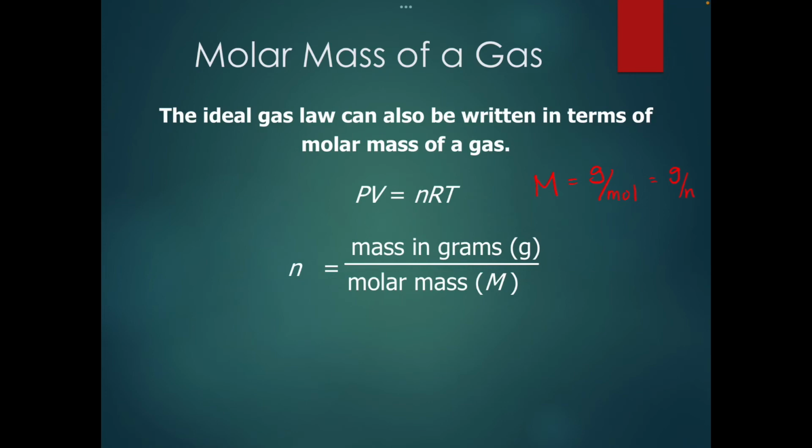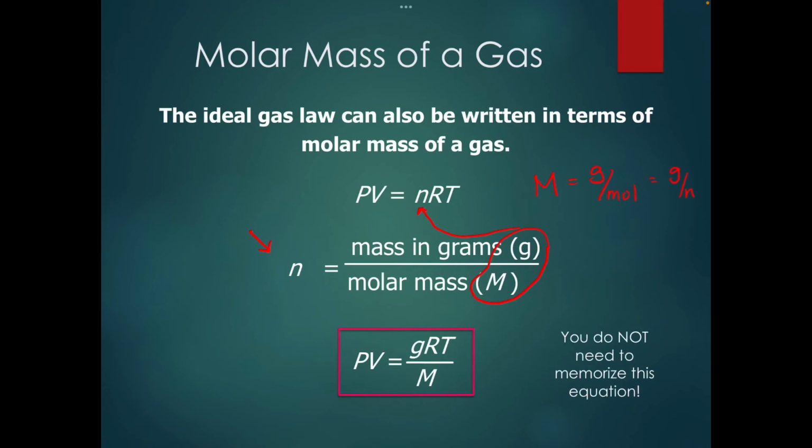So if we were to rearrange this, we can solve for n and say that n is our mass in grams divided by our molar mass. So if we took this grams over M and we plug it in here for n, we get that PV equals grams times RT over our molar mass.